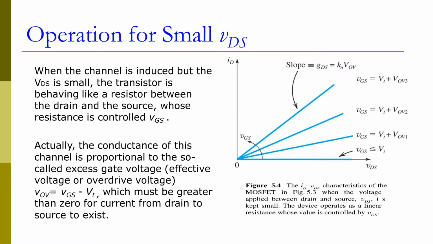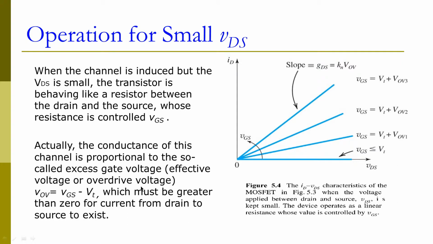When the channel is induced, which means our VGS is sufficiently large, larger than VT, and when the VDS is small, which means when the source and the drain voltage is small, the transistor will most likely behave like a resistor. This resistance can be controlled by the VGS. Actually, the conductance of this channel will be proportional to something we call the excess gate voltage.